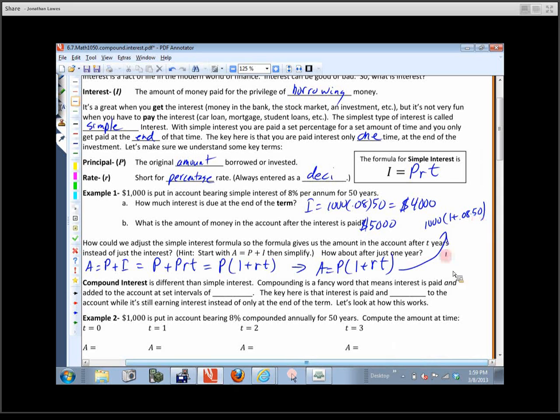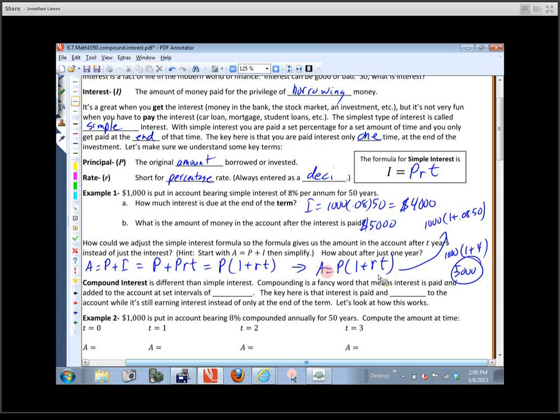So that's going to be 1,000 and then 1 plus, what's 0.08 times 50? It's 4, isn't it? Okay, remember I said you got 400% interest? Look, you get 100% of what you put in, you get the principal back, plus 400%. So this is 1,000 times 5. So the answer here is 5,000.